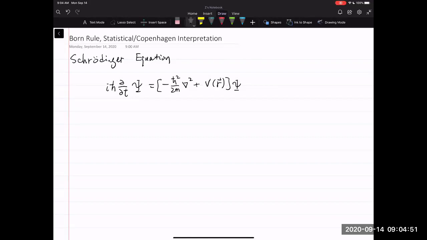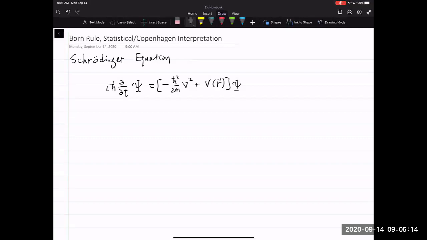Before we get to that, what does the Schrodinger equation give us? As I mentioned last time, there are two steps to the story. First, given a particular system, how do we find out the wave function? The solution will come from this Schrodinger equation.